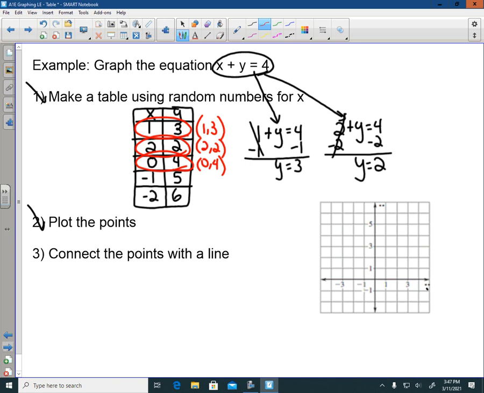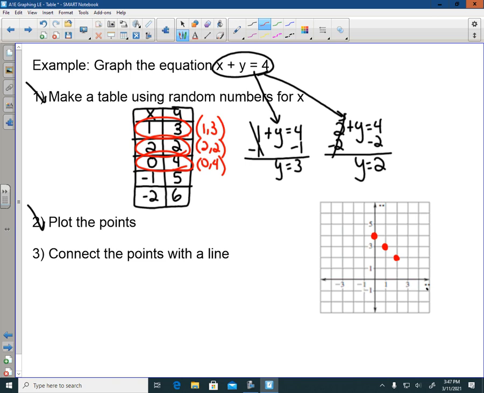So 1, 3 is to the right 1 and up 3, so it lives right here. And then 2, 2 is to the right 2 and up 2. There's 2, 2. And then 0, 4, let's see, we don't go anywhere on the x-axis, but we go up 4 on the y, so there we go.